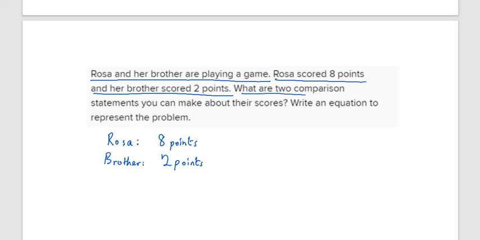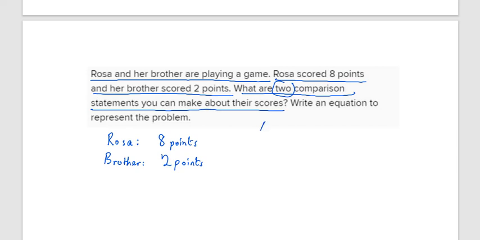What are two comparison statements you can make about their scores? Okay, so let's see first. What can we say about their scores? We want to look for two comparison statements.